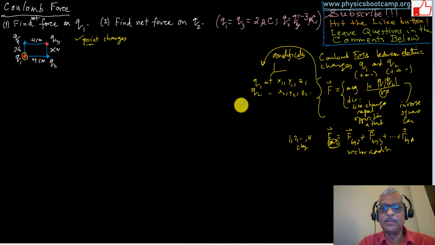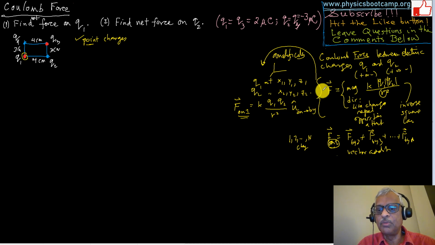Okay, so I can write the force on 1 as k q1 q2, now signs allowed, over r squared, and then for direction you have a unit vector. If it's the force on 1, then the unit vector is the direction by 2 on 1.